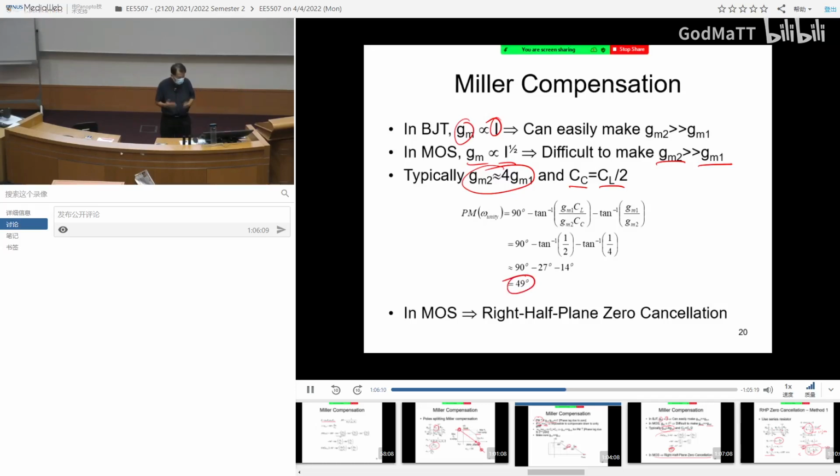For example, let's pick GM2 equal to 5 times GM1, or the CC to be smaller than the CL, let's say by 1/3 or 1/4. You can probably improve the phase margin a little bit. Okay? 50 degrees, there is some peaking. There might be some ringing. Okay? But if that is the only thing that you can do, you can accept 50 degrees because it's still considered stable.